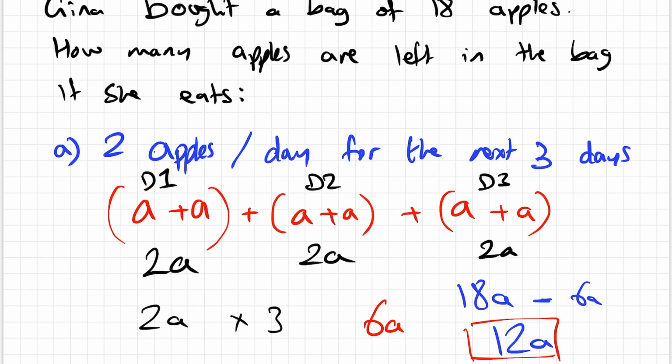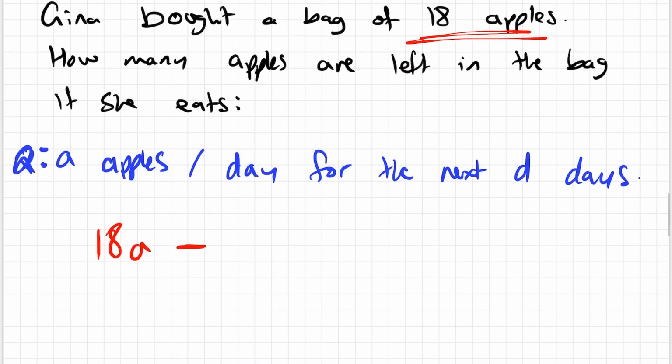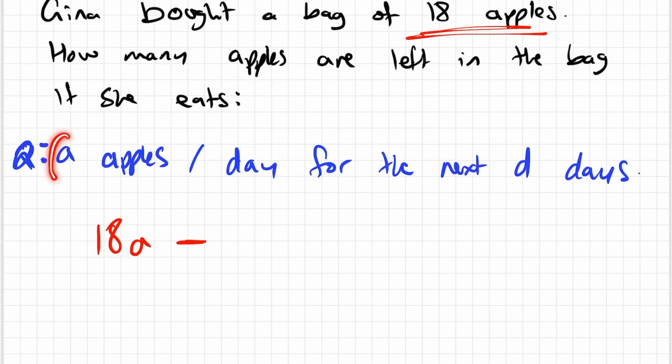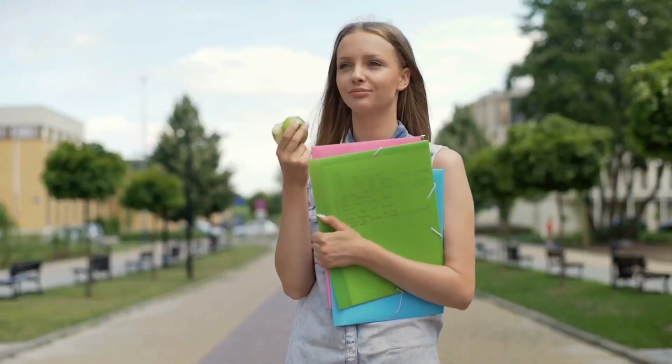And we multiplied it by 3. 2A times 3. This was the sum of the product. So we're going to do a similar thing here. We're going to take this A and multiply it by the D, so that's the same as AD. So it's 18A minus AD, because 8 apples per day for the next D days.